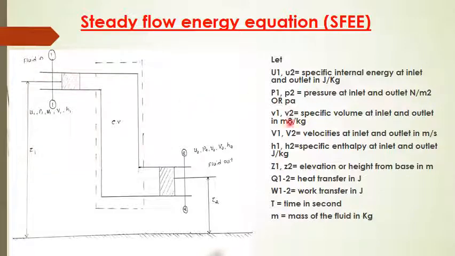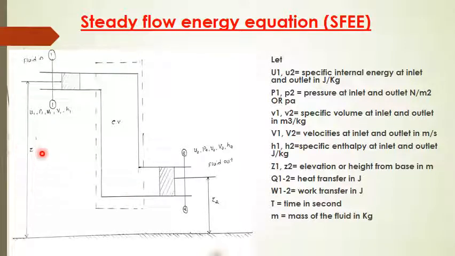At inlet and outlet, let the properties be U1 and U2, specific internal energy in joule per kg; P1 and P2, pressure in Newton per meter square or Pascal; small v1 and v2, specific volume in meter cube per kg; capital V1 and V2, velocities in meter per second; H1 and H2, specific enthalpy in joule per kg; Z1 and Z2, elevation or height from the base.